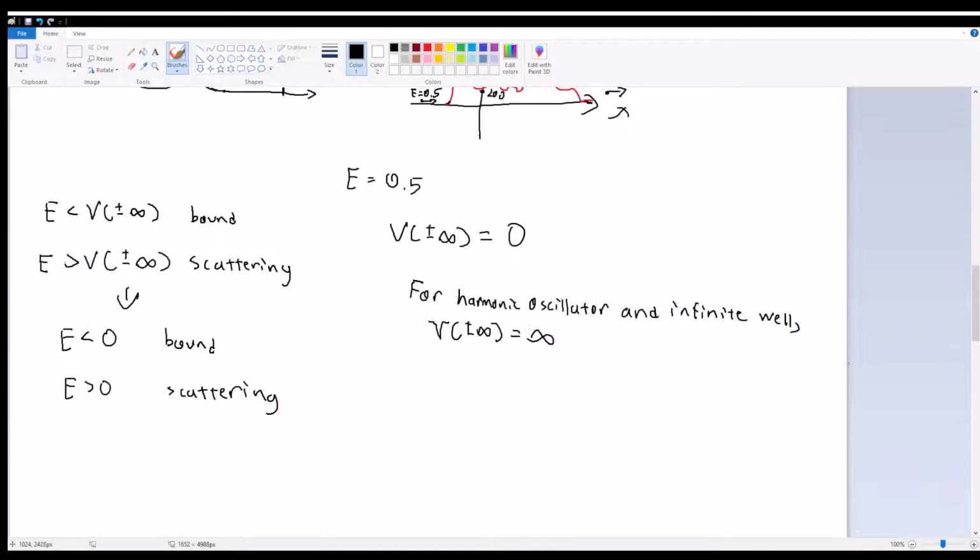So in those cases, if E is less than infinity, then you have a bound state, and that's exactly what we have. We have quantized values of E that are positive but finite, and E can't be greater than infinity. So for those two idealized systems, it's never possible to actually have a scattering state. But regardless, we're talking about real systems here. So for any real system that has real potentials that can actually be physically achieved, this is the general case.